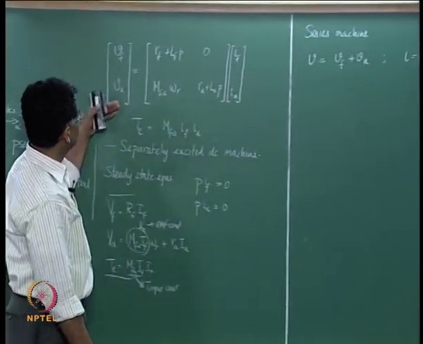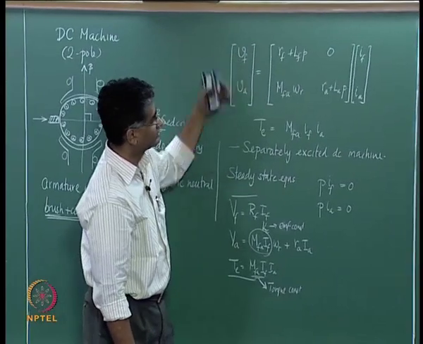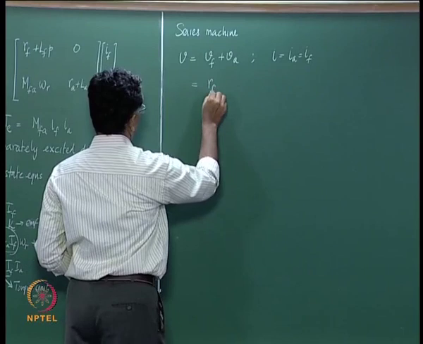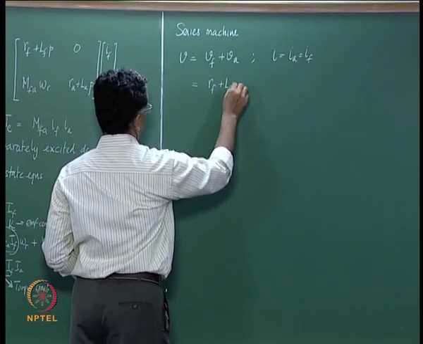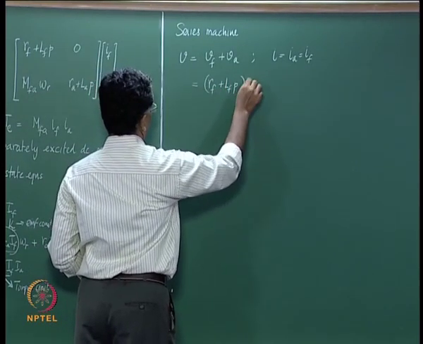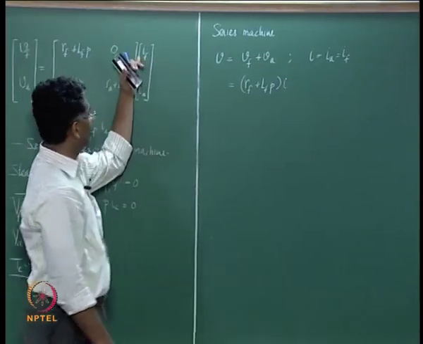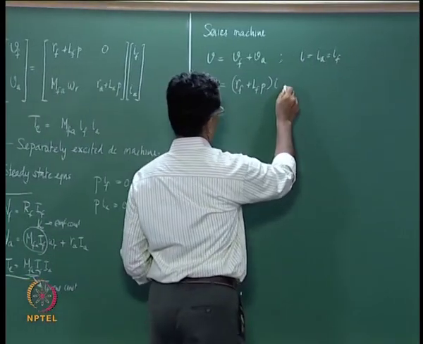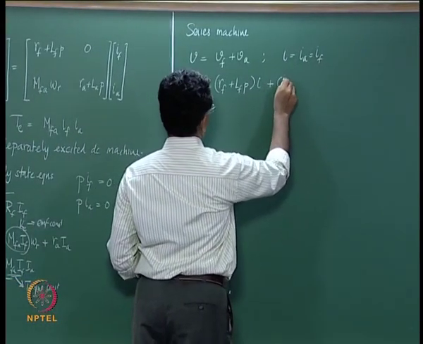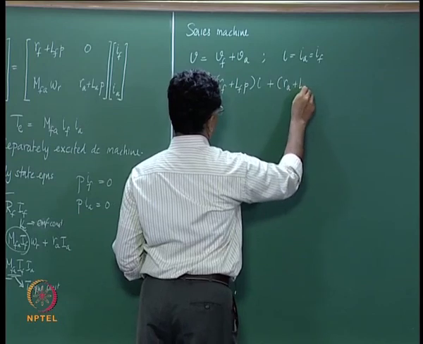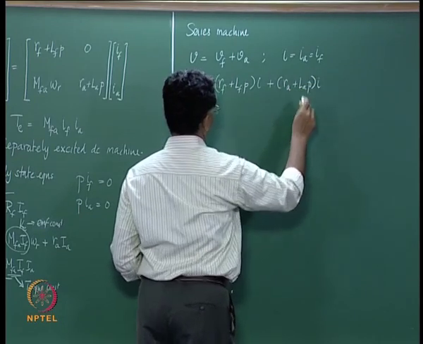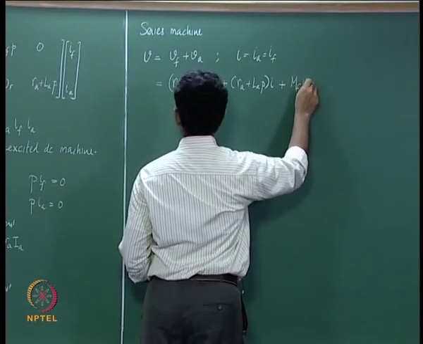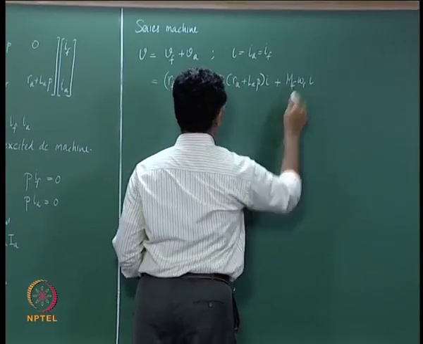So all that we need to do is then add these two equations. You then have, this is Rf plus LFP multiplied by I. If and Ia are the same I that is going to flow. This plus Ra plus La into P multiplied by I plus MFA into omega R multiplied by I.